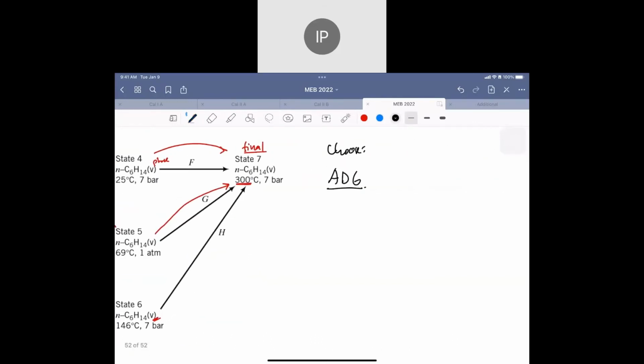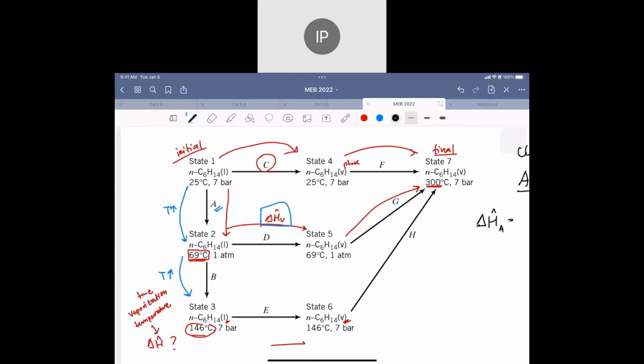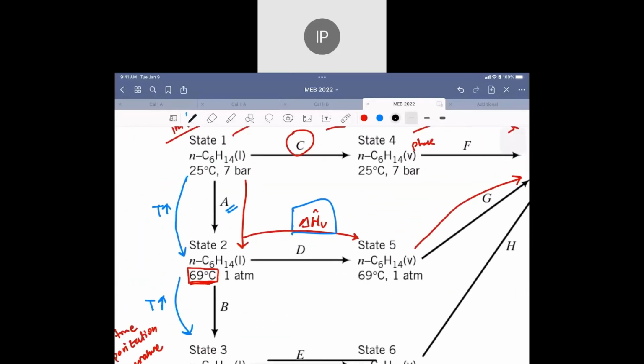After that, we start finding the enthalpy for A, where we have two conditions that are changing. First is the temperature. The second is the pressure, from 7 bar to 1 atmosphere.